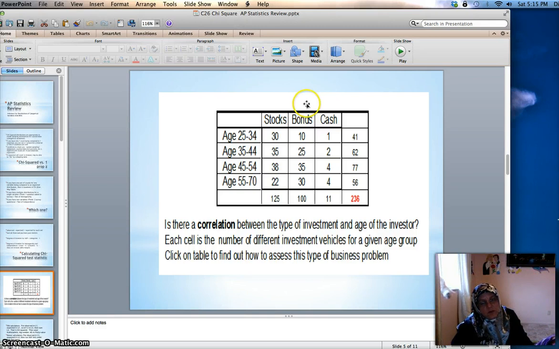Now these here are margins, and when we calculate rows minus 1 times columns minus 1, we're not going to count any of these totals. There are 3 columns and 4 rows. So rows minus 1 is 3, times columns minus 1, which is 2. So 3 times 2, we would have 6 degrees of freedom.